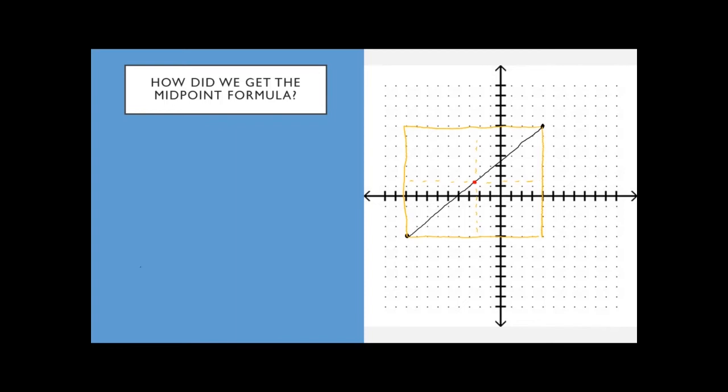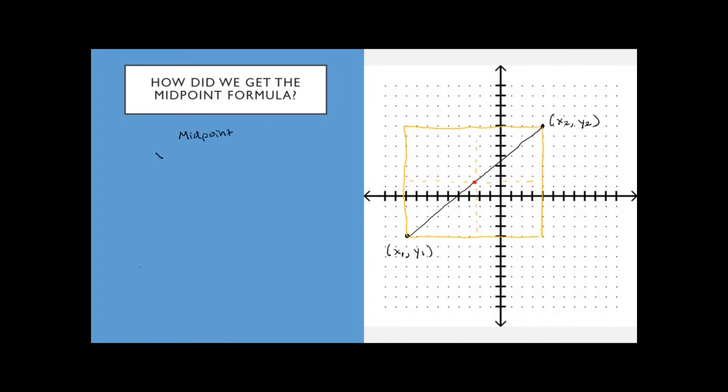And when you find the halfway point of anything, you're just averaging the two values. So we're averaging the x values and we're averaging the y values. I could label my first point as x1, y1, and my second point is x2, y2. Your midpoint is an ordered pair.